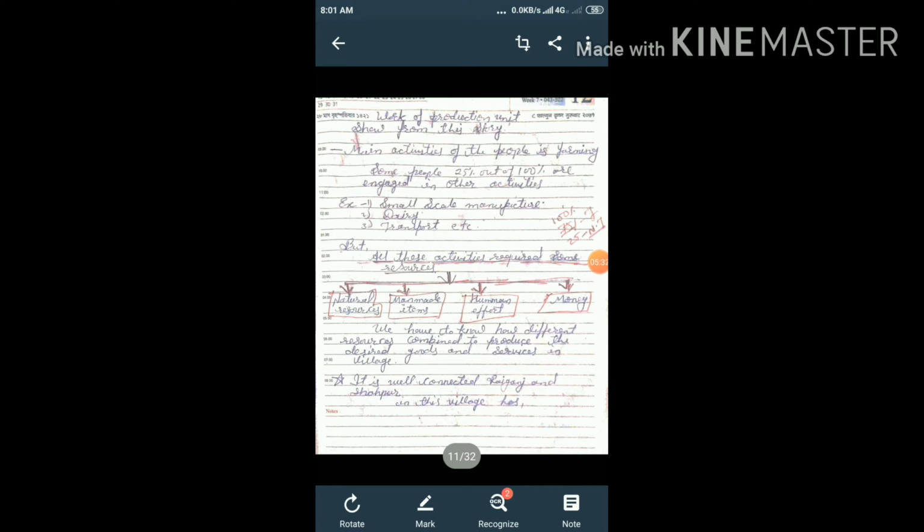If we have land and we have a machine, but we don't have human effort, it is not possible to take work from that machine or from the land. We need human effort for doing all work, isn't it? And last one is money. It is very important for all activities.